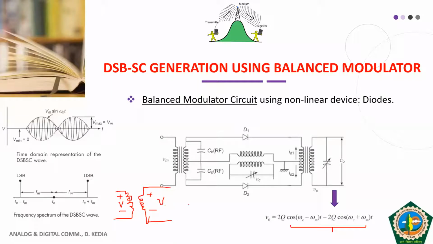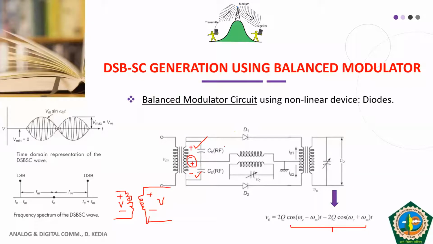Now in the center tap, how does it induce? We have a plus sign here, a minus sign here, again a plus sign here, and a minus sign here. If you take them together and make it a common point, we have a positive polarity at the top of this coil and a negative polarity at the bottom of this coil.